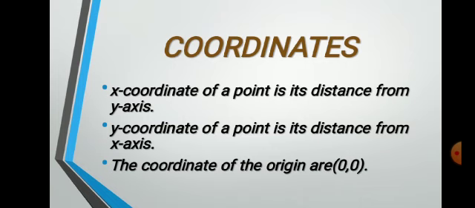The x coordinate of every point on the y-axis is 0 and the y coordinate of every point on the x-axis is 0. A point in a plane is represented by an ordered pair of numbers. An ordered pair is a pair of numbers written in a specific order.